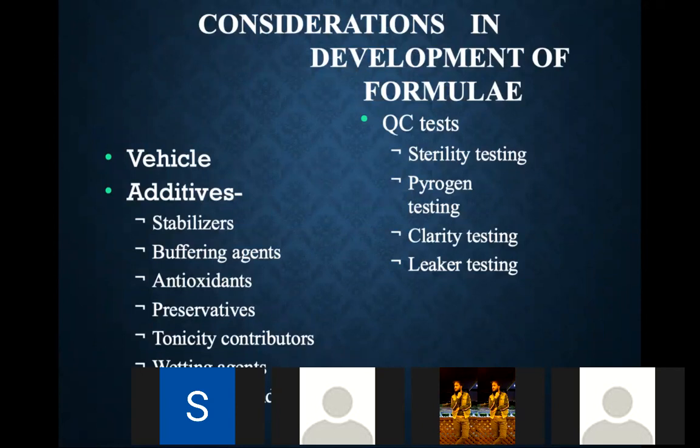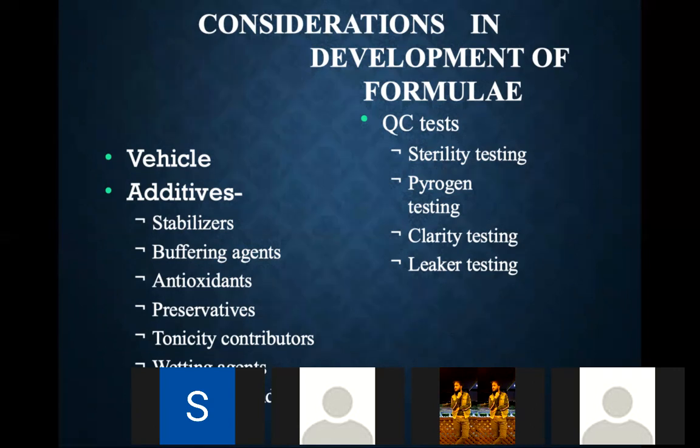Now, development of the formula. What do you need when you are going to manufacture? You must have vehicles, stabilizers, buffering agents, antioxidants, because there are active ingredients and inactive ingredients. You add preservatives, tonicity contributors, wetting agents, suspending and emulsifying agents.